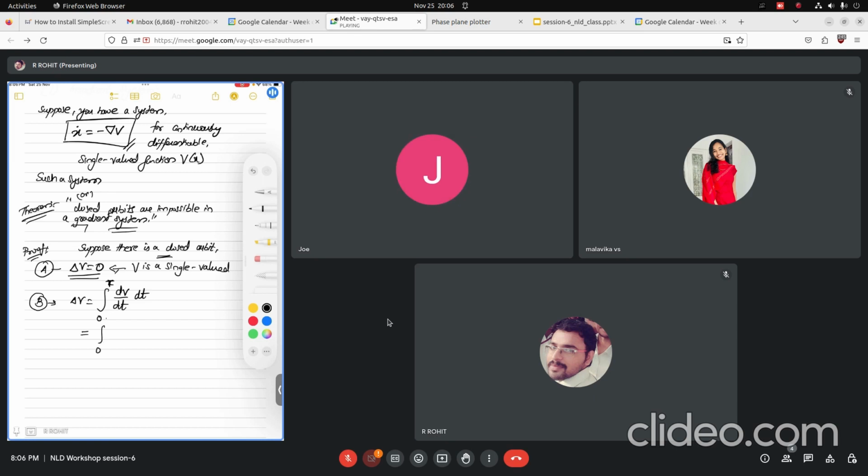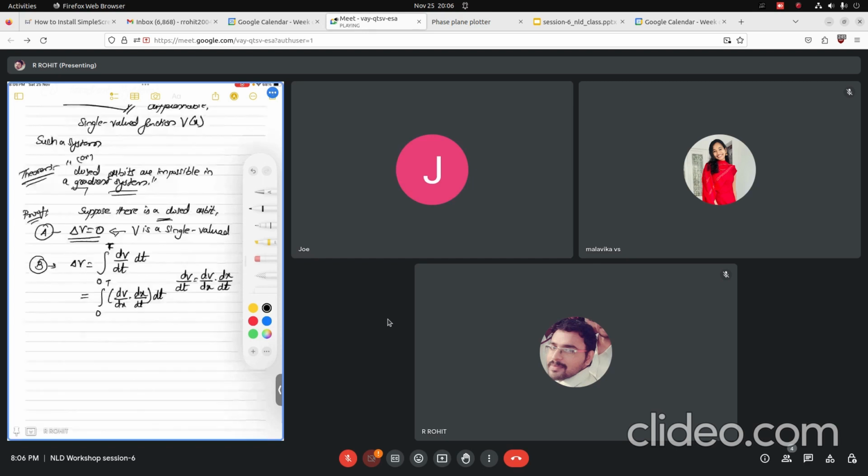Now dv by dt can be written as dv by dx into dx by dt, so we write this as the integral of dv by dx into dx by dt into dt.